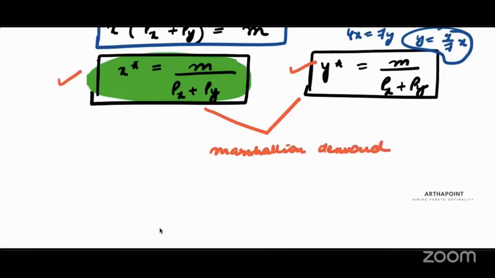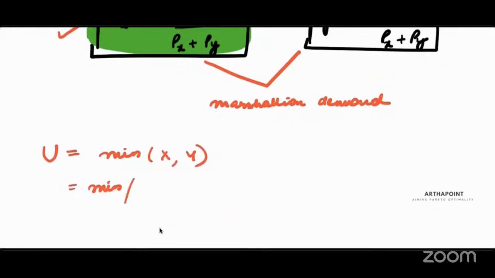The next thing will be to go ahead and find utility. So utility is basically min of x comma y. I have got a value of x. This is min of m upon px plus py, comma m upon px plus py.